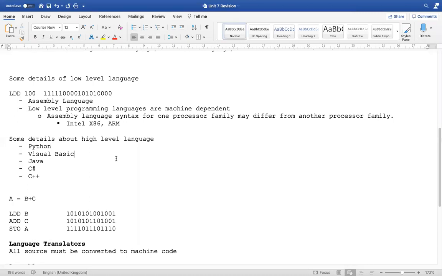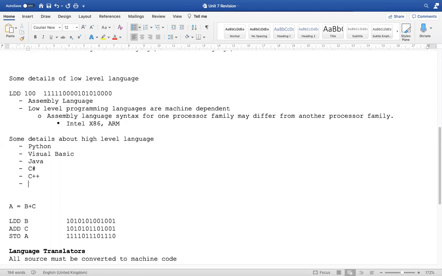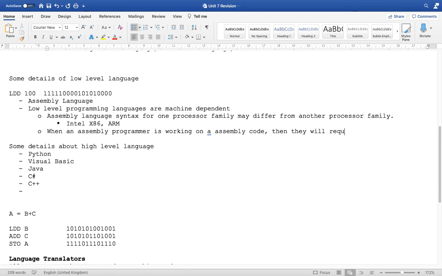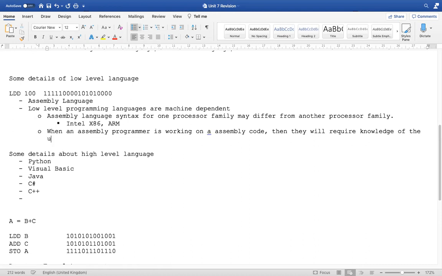Also, one more thing: when an assembly programmer is working on assembly code, they will require knowledge of the underlying hardware.